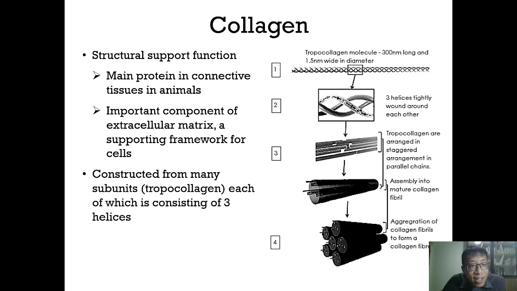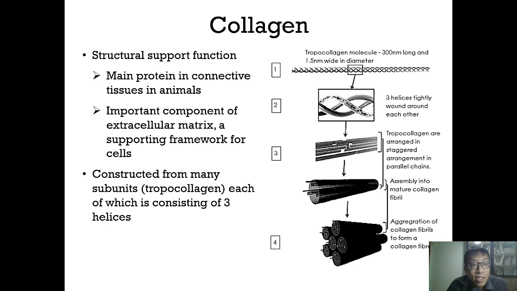All right, and it is a very important component of something called the extracellular matrix. Your cells are obviously not floating around freely inside your body, right? So they are anchored by the extracellular matrix, so that your cells can be organized into particular shapes. When the cells group together, they can form the tissues of particular shapes, organs, and so on.